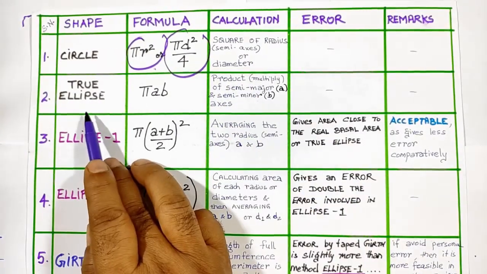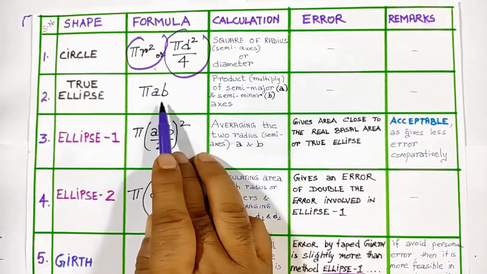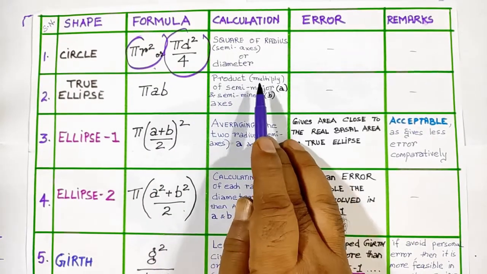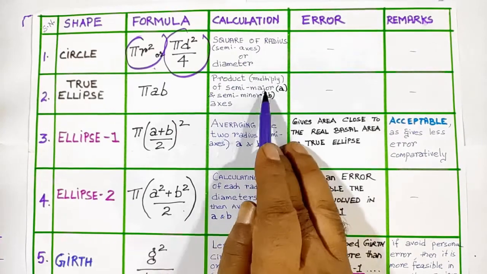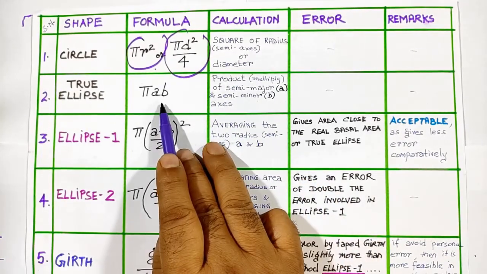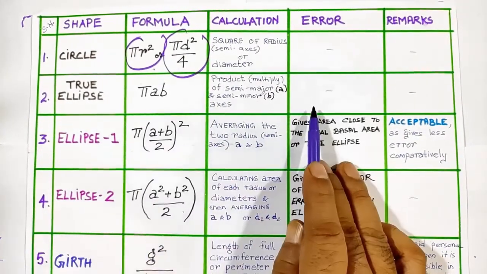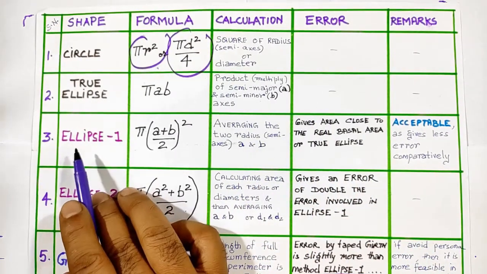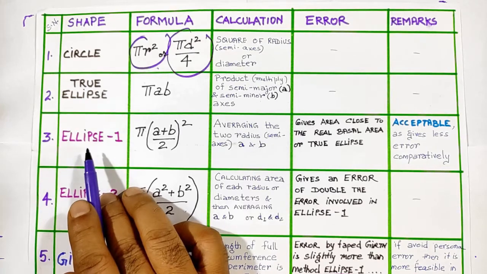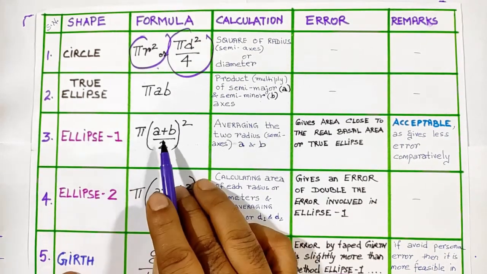Now when we take a true ellipse, that is pi AB, this is by radius: the product of the semi-major axis A and the semi-minor axis B. So the error is almost negligible. Next, the least error is suggested by ellipse method 1, by averaging.